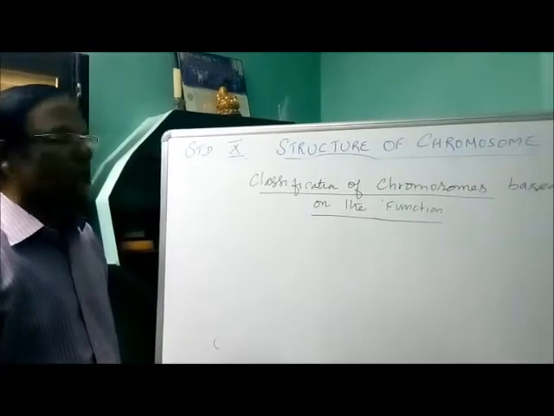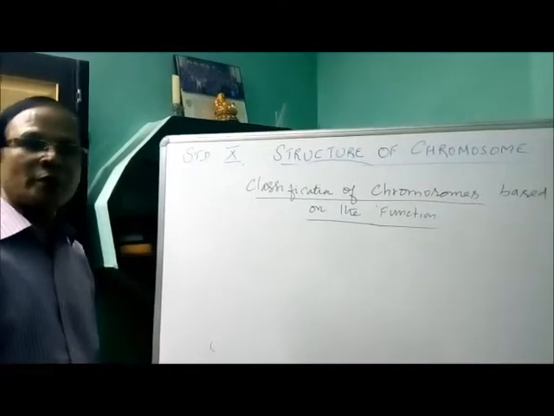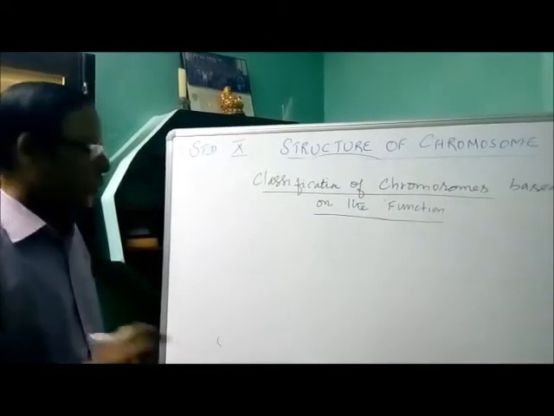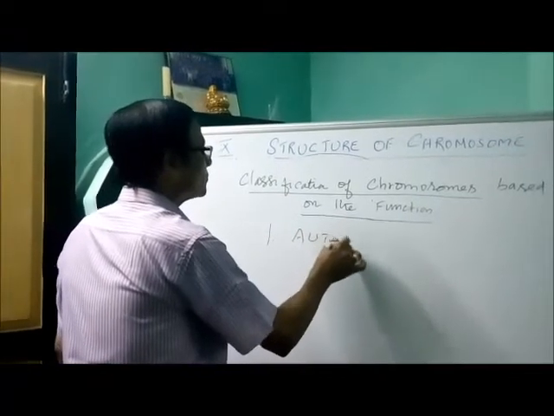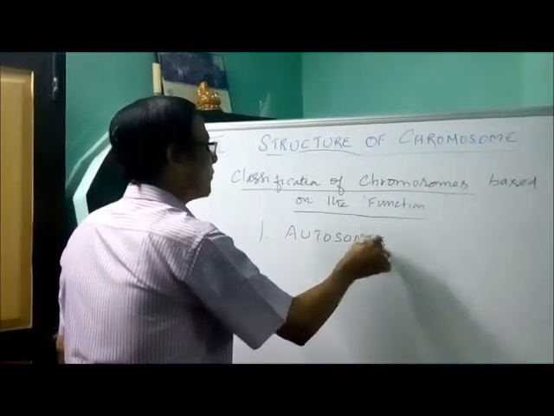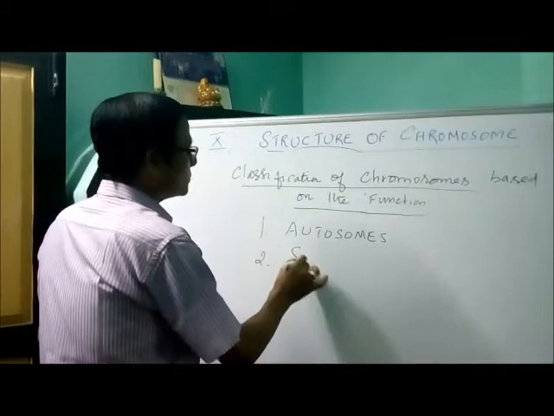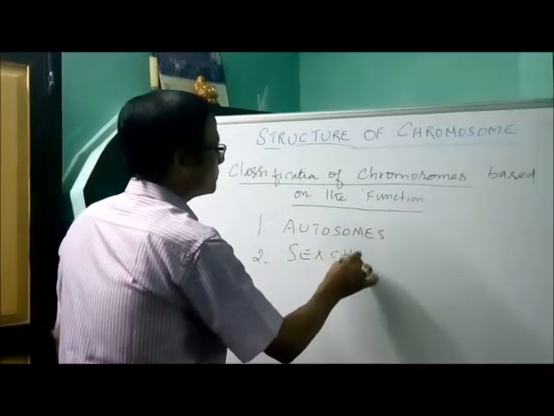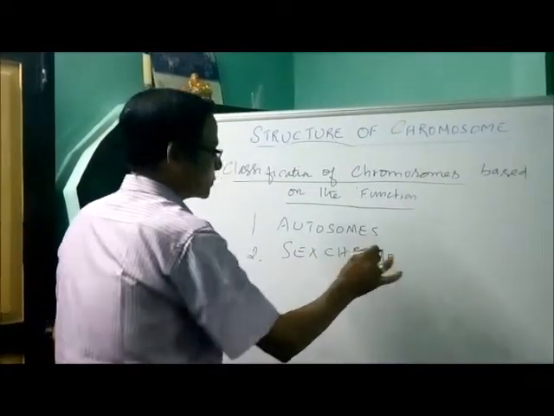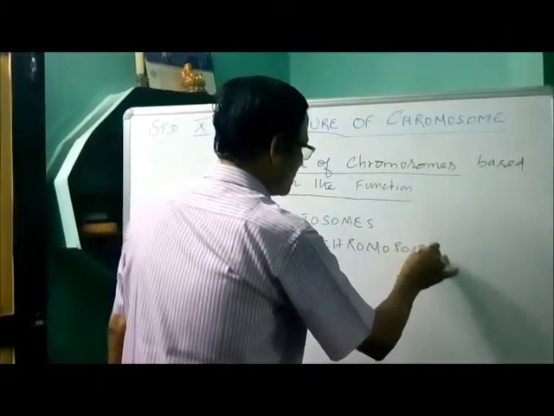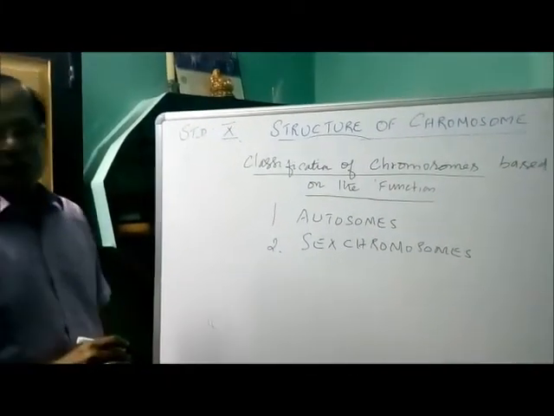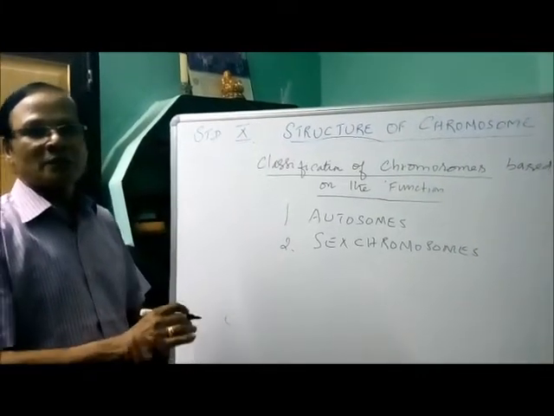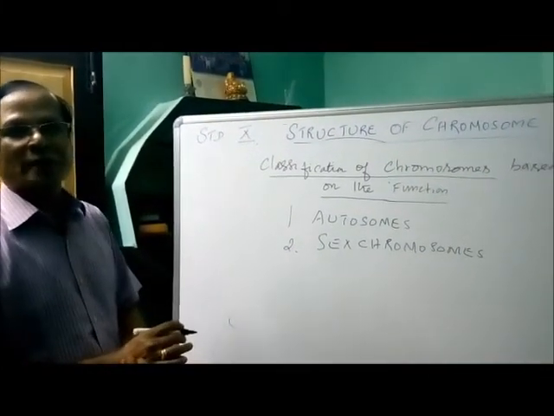The chromosomes are classified into two types based on the functions. One type is called autosomes. Another one, sex chromosomes. Now the autosomes, also called somatic chromosomes, carry the genes for the expression of the body characters.